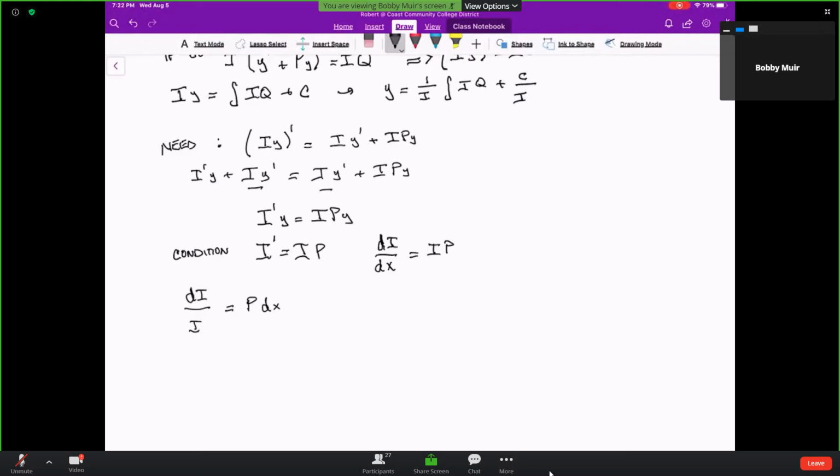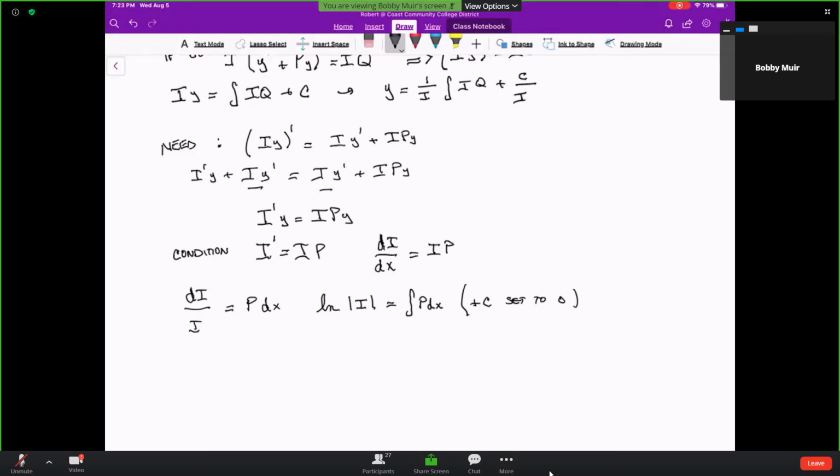Okay, so after integrating this, we would have the natural log of the absolute value of I would be the integral of P dx, and I'll say plus C, but set to 0.